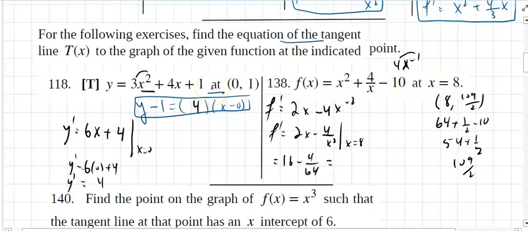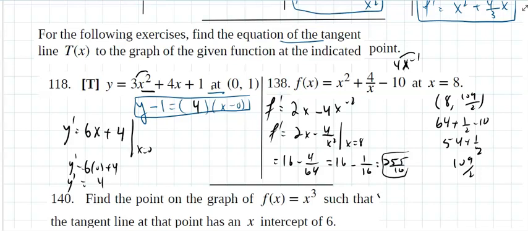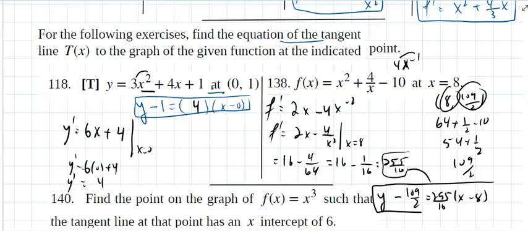And what this becomes is 16 minus 4 divided by 4, so that is 16 times 16, 256 minus 1, 255 over 16. So the equation of the line would be y minus y1 equals m times x minus x1. And there it is.